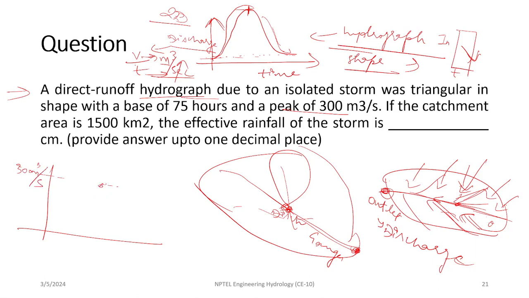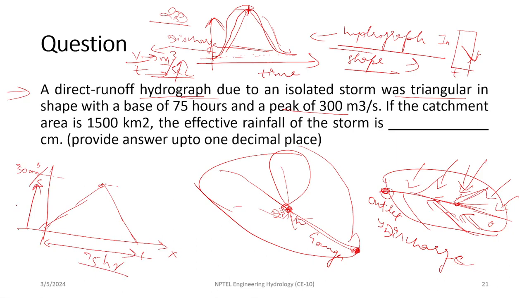It also says the shape of this hydrograph is similar to a triangle, so we have to consider the shape as a triangle. What is the width of this triangle? In the x-axis time will be there, and they are saying it is 75 hours, the duration of rainfall. Yes, exactly.